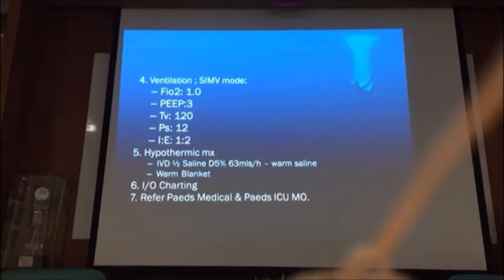Ventilation with the SIMV mode for this patient, with a tidal volume of 120, an IE ratio of 1 to 2, and pressure support of 12. We also proceeded with hypothermia management in this case, as we were afraid of hypothermia. So we started warm saline and a warm blanket, and further on we referred to the respective MOs, the pediatric medical and also the pediatric ICU MO.